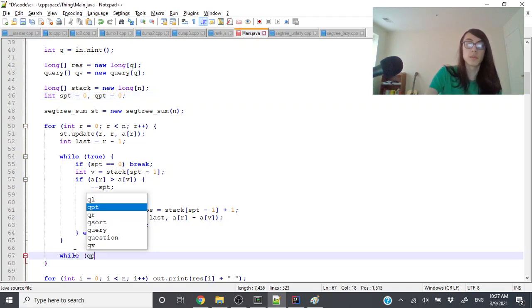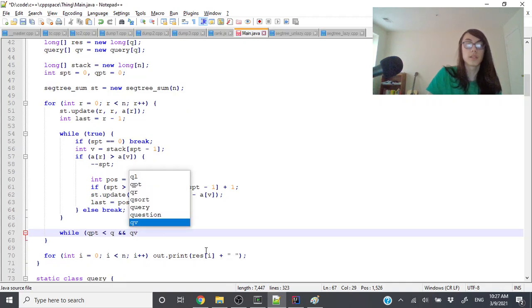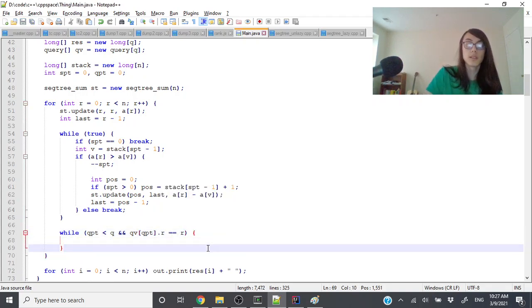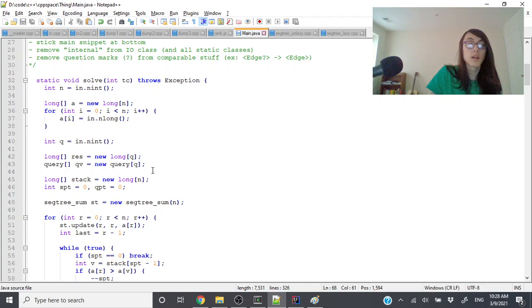So while Q point is less than Q, and should sort these, QV Q point dot R is equal to the current R, then plus Q point. Res QV Q point dot I, st dot query QV Q point dot L, QV Q point dot R.